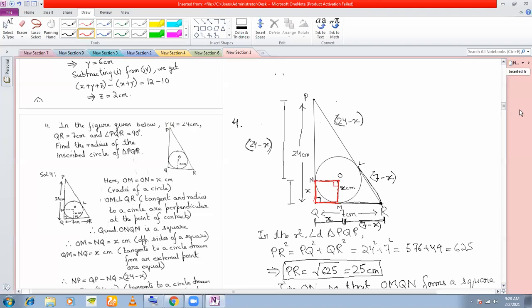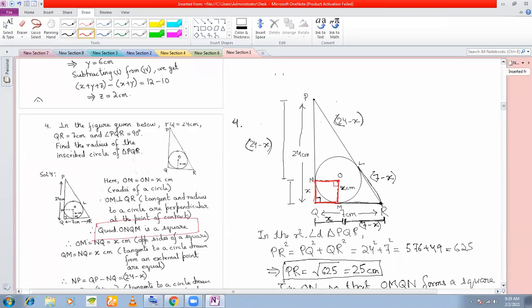Okay, so no more questions. But sir, in this question also we have to prove it is a square. You don't have to. As I said, you don't have to prove that it is a square, in this question or in the previous question. You just state that it is a square, just the way I have written here. See, quadrilateral ONCM is a square.